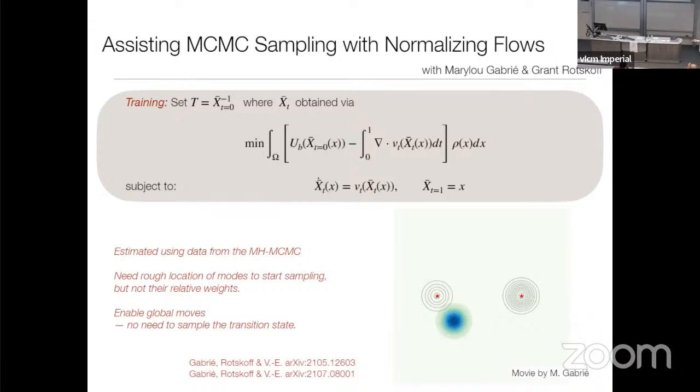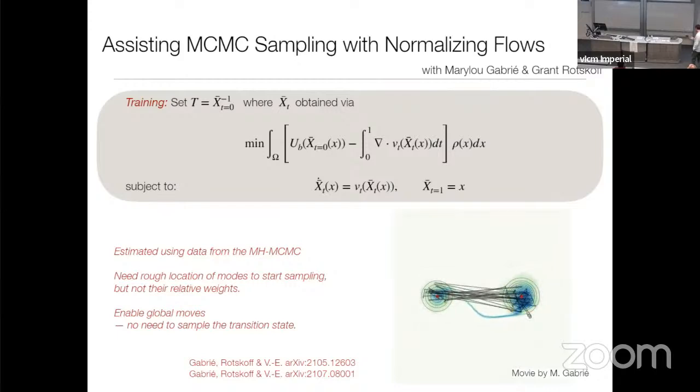So, for example, if you redo the same little movie with this method, you see that now it's going to learn the two modes. The only information we had is one sample in each mode. So that's their rough location, but they have very different weights, and the weights are learned along the way.